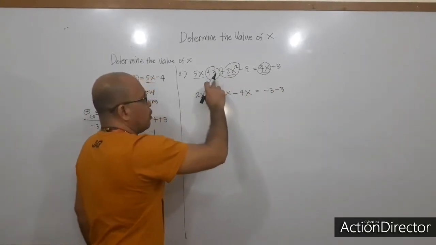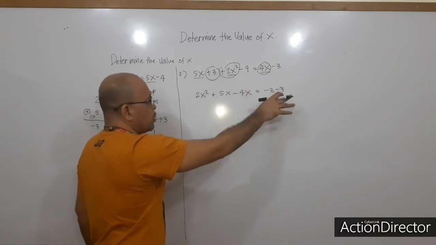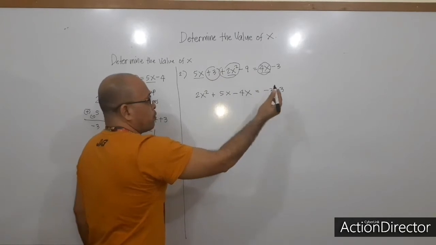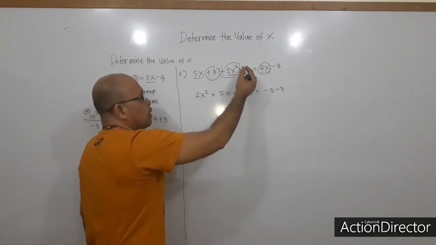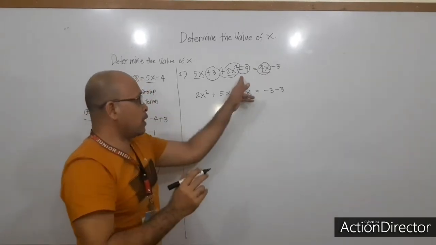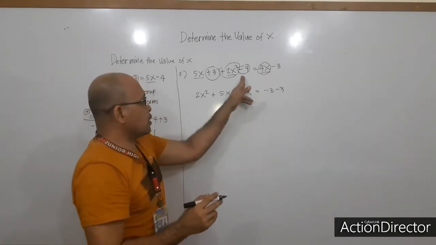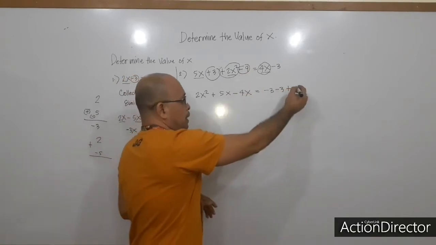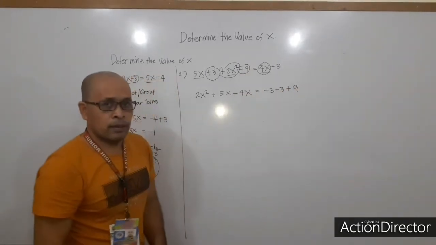When we say transpose to the other side, the sign will always change. And then you transpose minus 9, so transposing this one to the other side, minus will become plus 9.